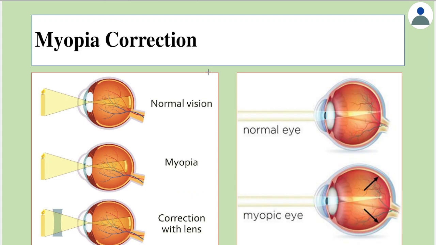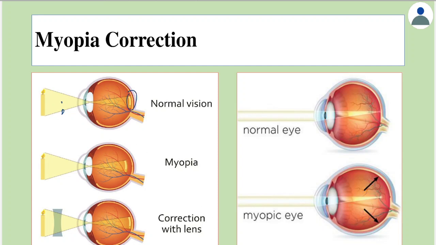As seen here, for normal vision, for an object placed somewhere beyond D, for example, think this is point T, the light ray from the object falls on the lens and then on the retina.